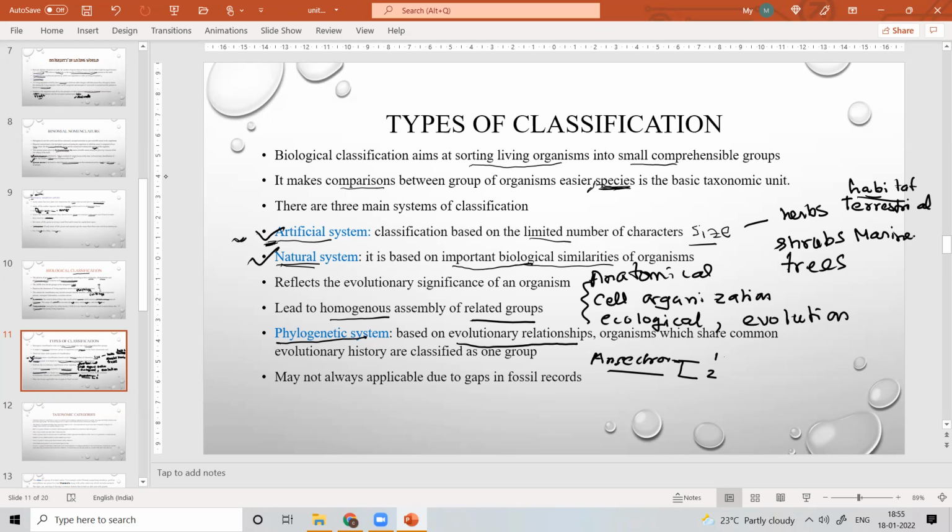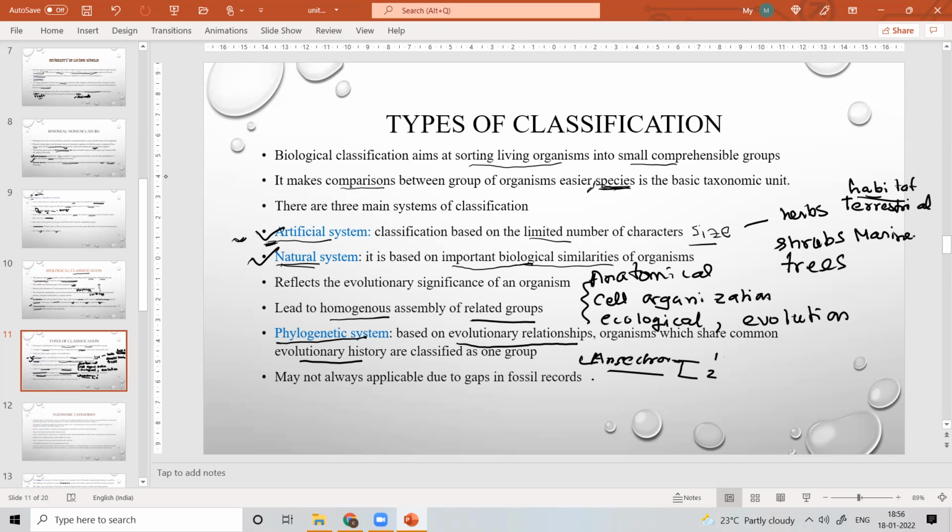The organisms which share a common evolutionary history, that means they might have a common ancestor, are classified into one group. This may not always be applicable due to gaps in the fossil records. Generally, the evolutionary history is described based on fossil records.